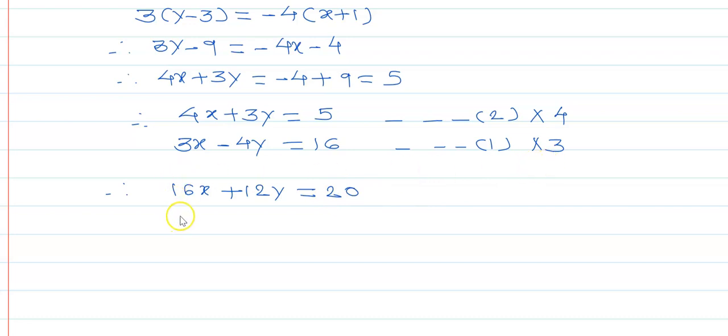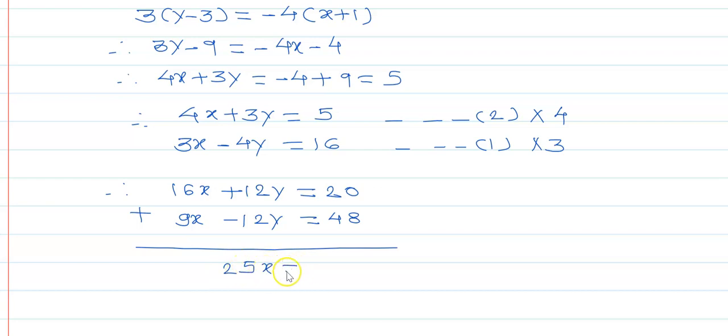Then multiplied with 3, it is 9x - 12y = 48. If we add these two equations, then +12y and -12y will cancel. 16x + 9x gives 25x, and here 20 + 48 gives 68. Therefore, x = 68/25.